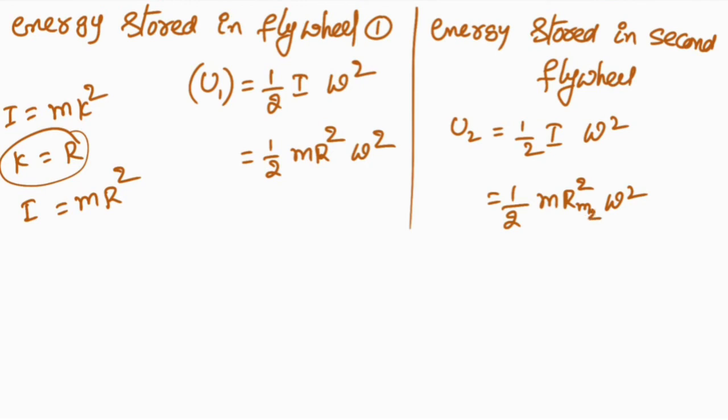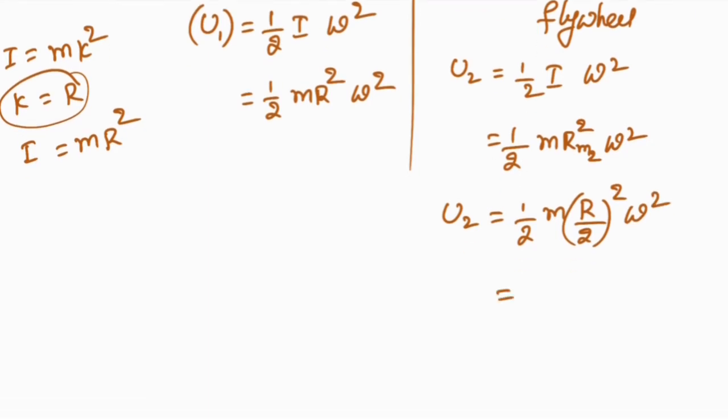So this is the r m2. u2, energy stored in the second flywheel, half into m into r by 2 whole square into omega square. It is equal to 1 by 2 into m into r square into omega square into 1 by 4.